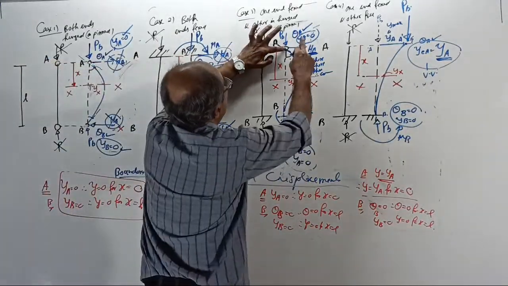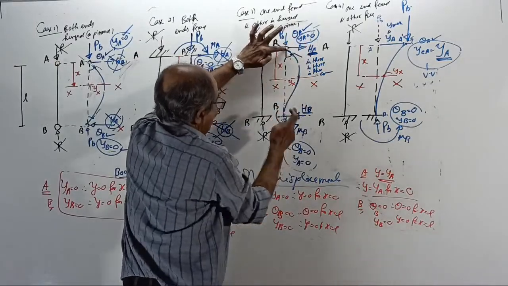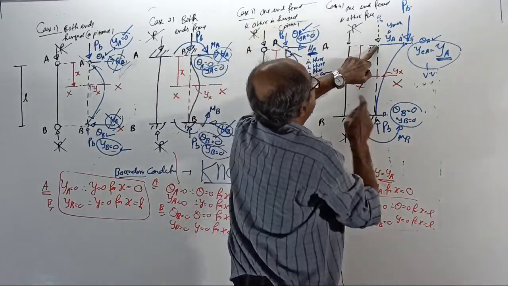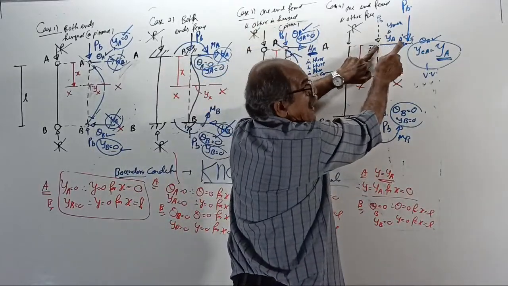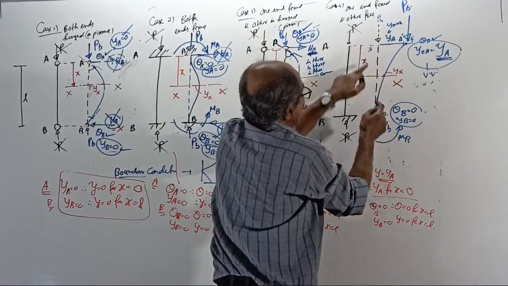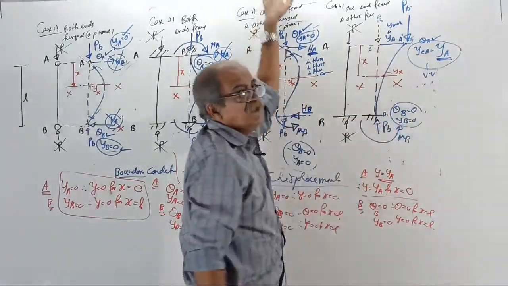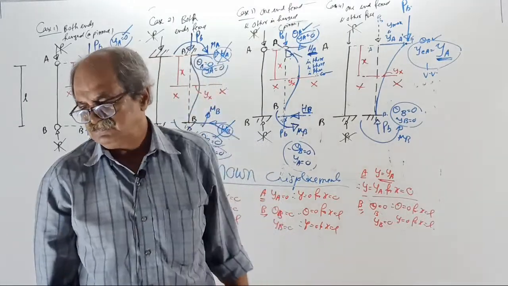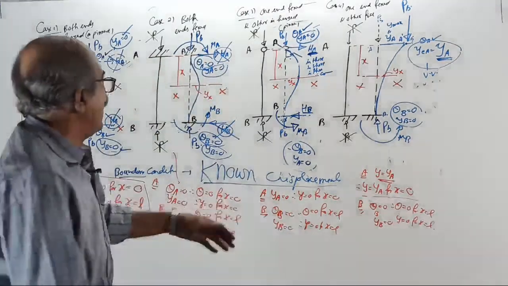Next: X equal to 0, Y equal to YA, you require it. X equal to L, theta 0 and Y 0. I forgot something, I want to make a note.